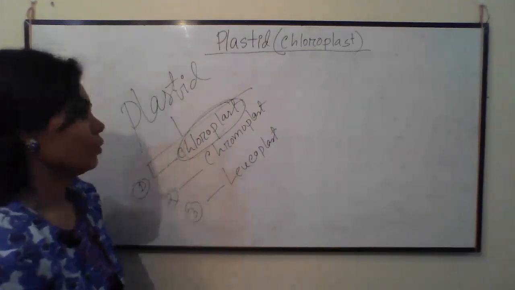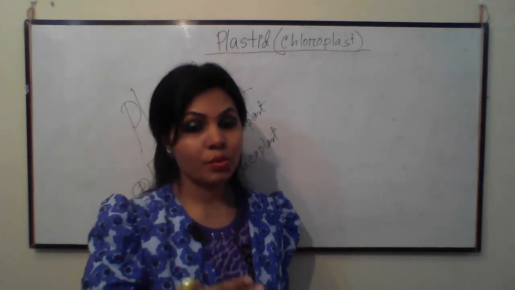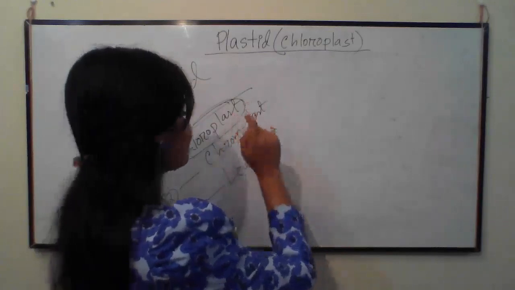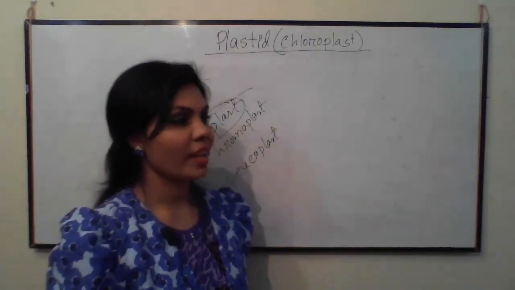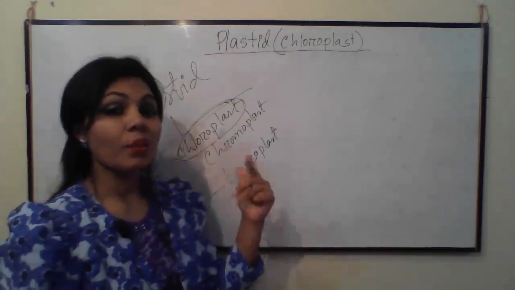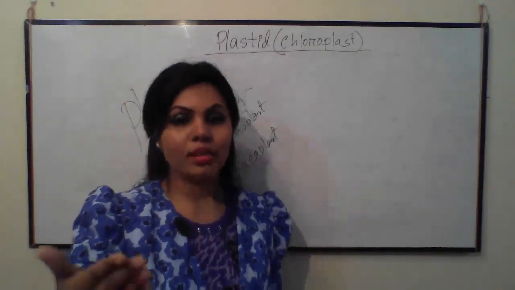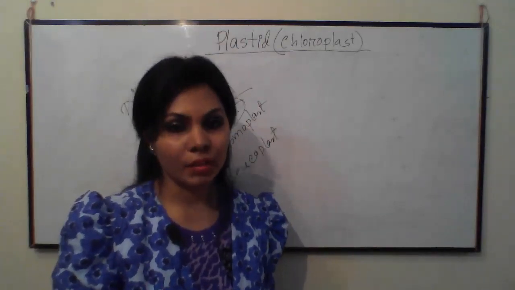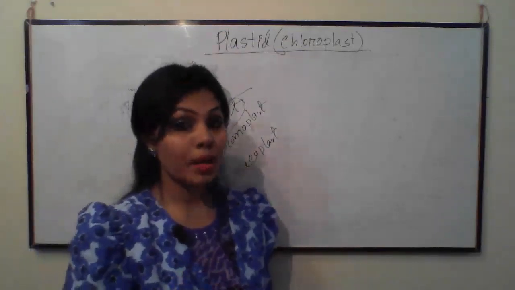Now let us discuss the structure. Before that, I have to tell what chloroplast is. Chloroplast is a green color plastid. Among the three types of plastid, some are colorful, some are colorless, and some are green, and chloroplast is the green one.